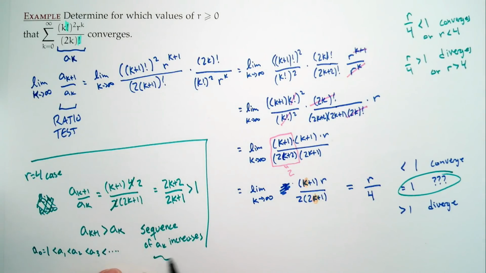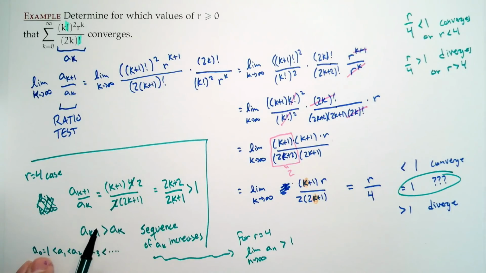Well, for r equals 4, the limit as we go to infinity of a_n has to be bigger than or equal to 1. Now, I don't know if it converges or not, but I know for sure it's bounded below by 1 because a_0 is 1, it's the first term, and everything else keeps getting bigger.